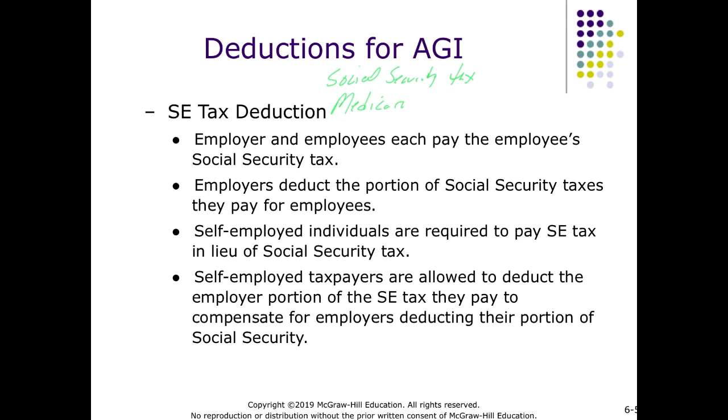Now, when you are employed by, like UMSL, for example, okay, UMSL, the employer, pays the employer's portion of Social Security tax, right, and Medicare, and then the employee pays their half, okay? Well, employers get to deduct their portion of Social Security taxes as a business expense.